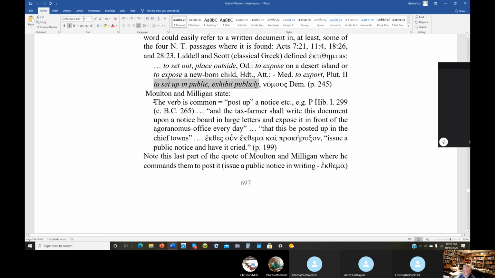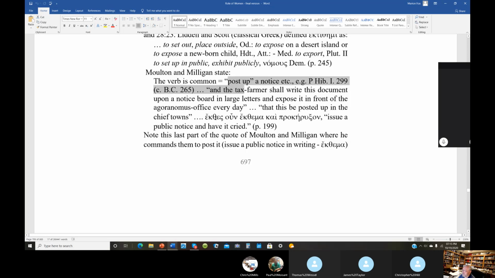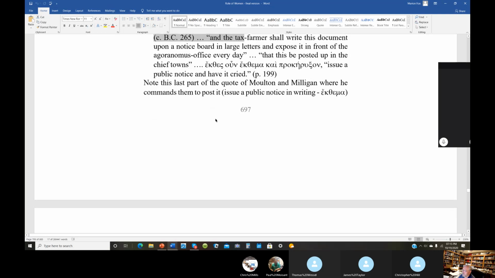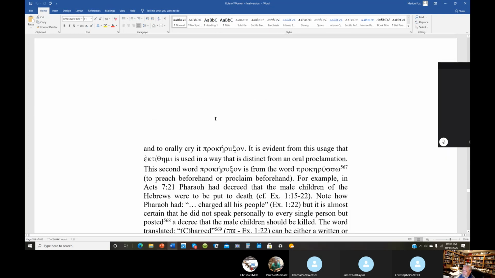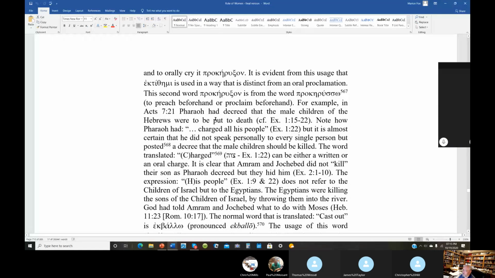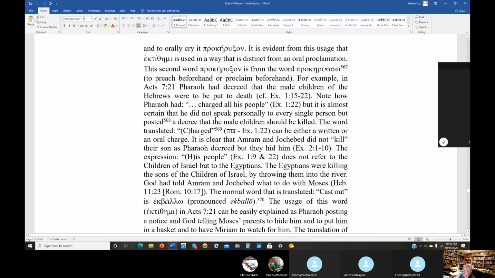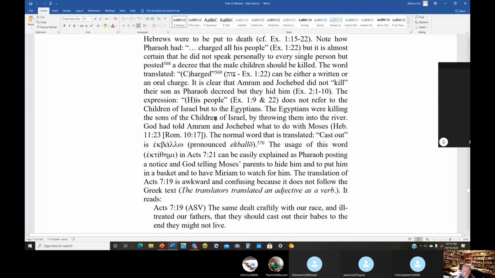Moulton and Milligan, which is Greek altogether, lexicon: to post up a notice, to write a document and post it on the notice board in large letters. This is a public announcement. Okay, that's Moulton and Milligan. All right. Now, guess what it means in modern Greek? It means to write a treatise. Okay, and I document that down here further on.